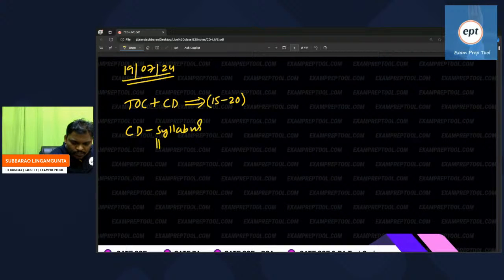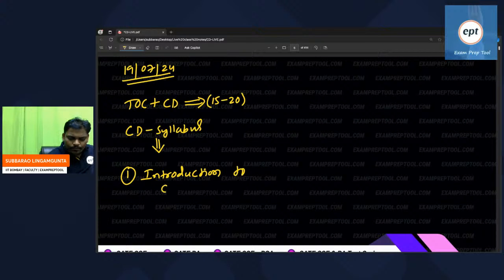The first chapter of CD is Introduction to Compiler, which we are going to discuss today.